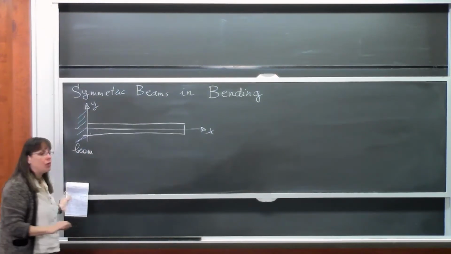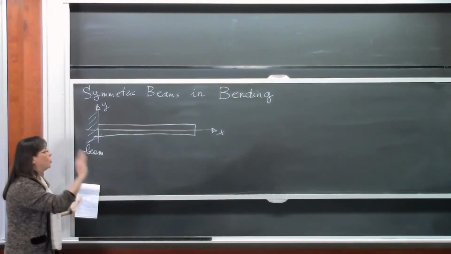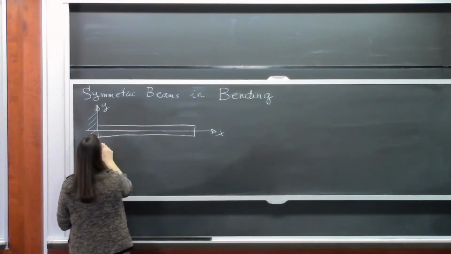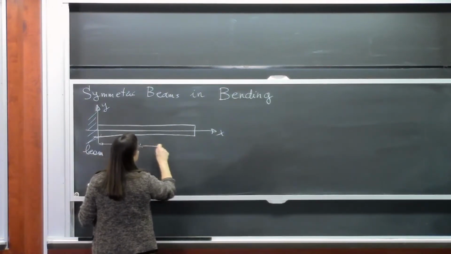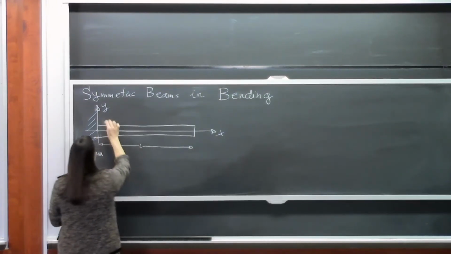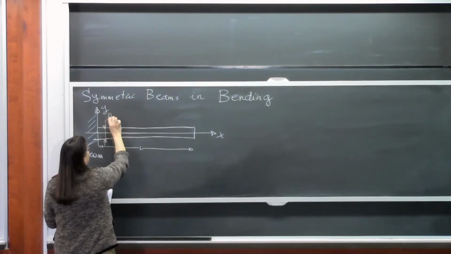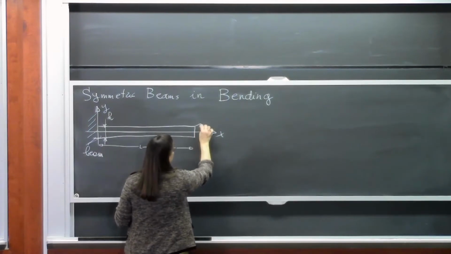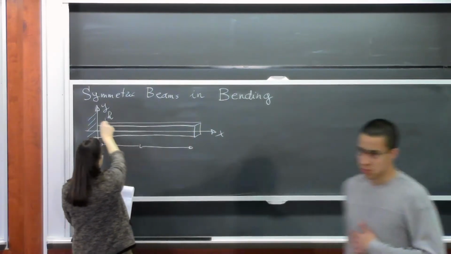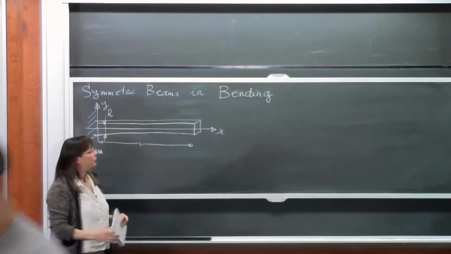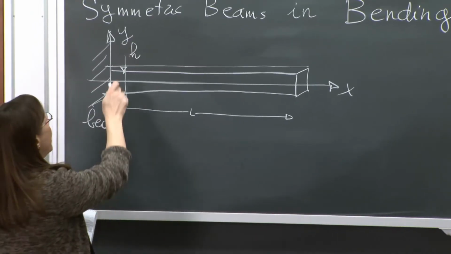And in 201, we do slender beams. We do beams in which, if you have a length of the beam, L, and a height of the beam, H, so for now let's imagine a rectangular beam, or it can be a circular beam, but it's going to have a certain height.